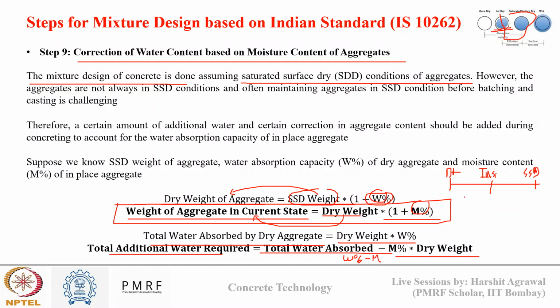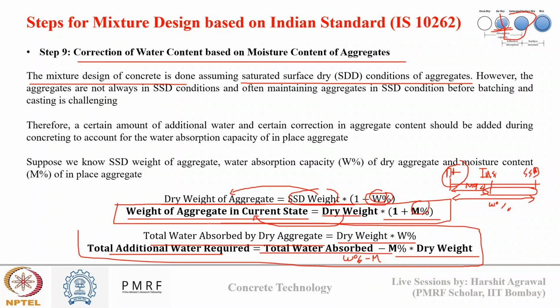The difference between the dry and SSD is W percent, and the difference between dry and in situ is M percent. So how much extra water do I need to add? It will be W percent minus M percent times the dry weight of aggregate.